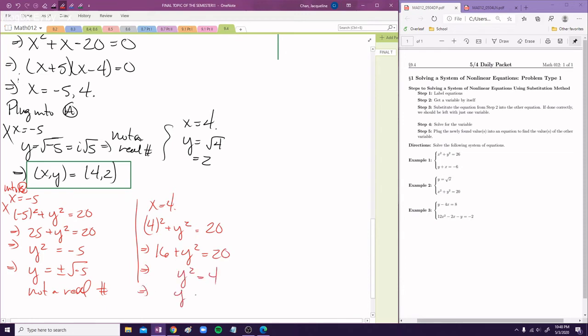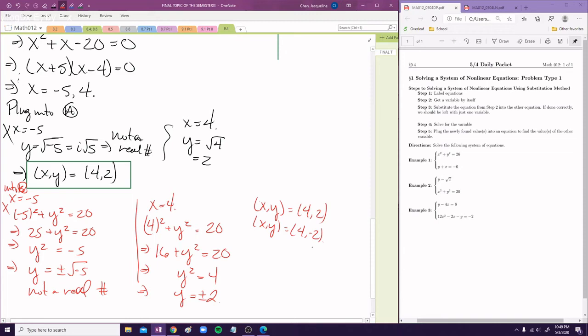Therefore, y is equal to plus or minus 2. So as you can see, we're kind of in a predicament because we're saying that we have our potential solutions xy is equal to 4, 2.